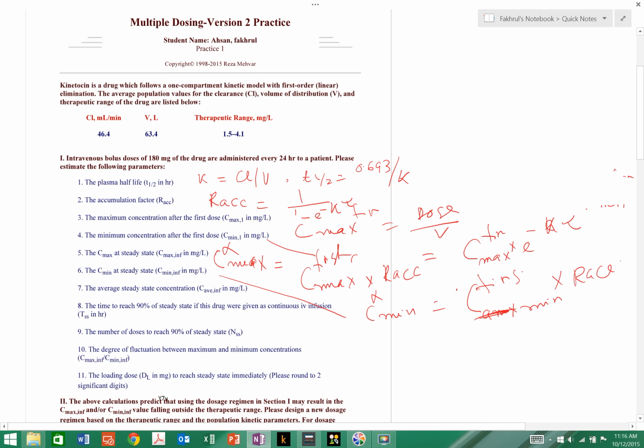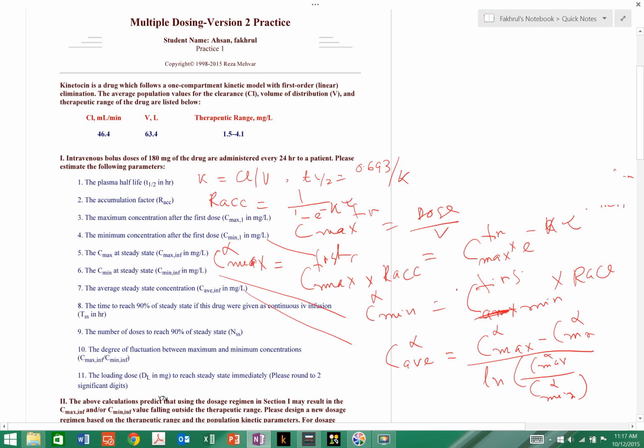and then average steady state concentration. For average steady state concentration, use that equation. Average steady state concentration, C average is equal to C max minus C min divided by natural log of C max infinity by C min infinity.